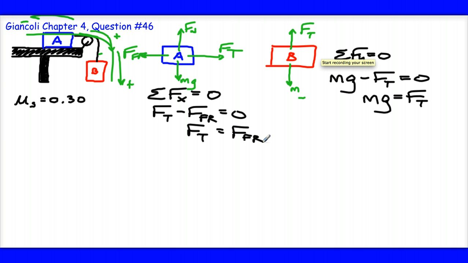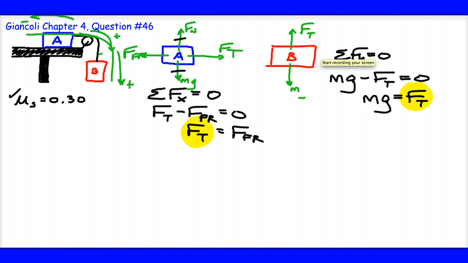The frictional force is ultimately known, since I know the coefficient of static friction and I could figure out the normal force from these forces. So I could figure out the tension, and once I know the tension, I could figure out the weight. There's a more elegant way of doing this, though.